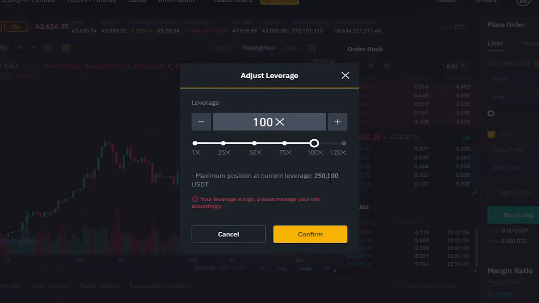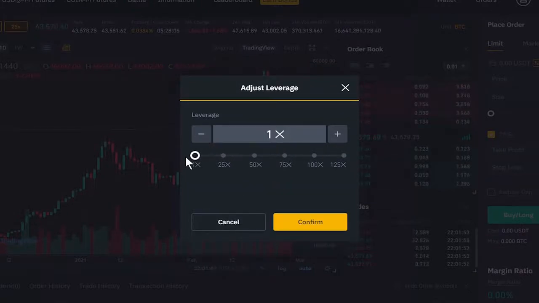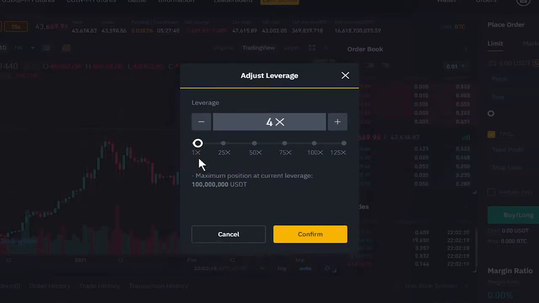So the greater the amount of the leverage, the lower the maximum position size. And setting to 1 means you will not leverage your positions and you will actually trade with your available money, not borrowed money. Let's set it, for example, on 10.